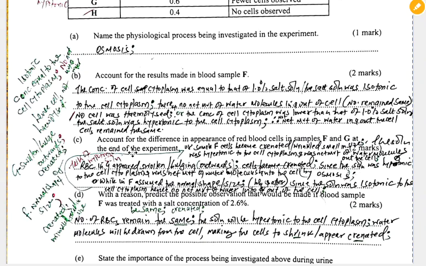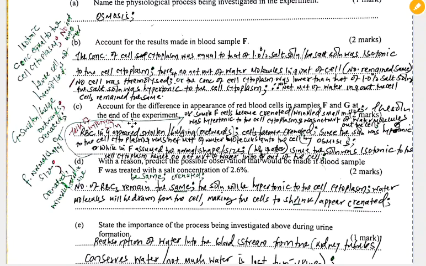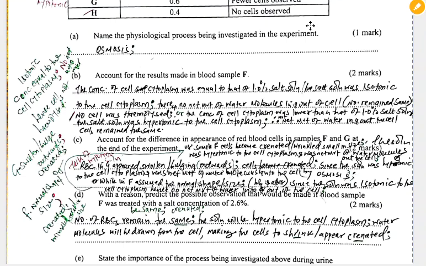Part C, account for the differences in appearance of red blood cells in F and G. This one is F, and we have G. At the end of the experiment, the red blood cells in G appeared swollen or bulged outwards.